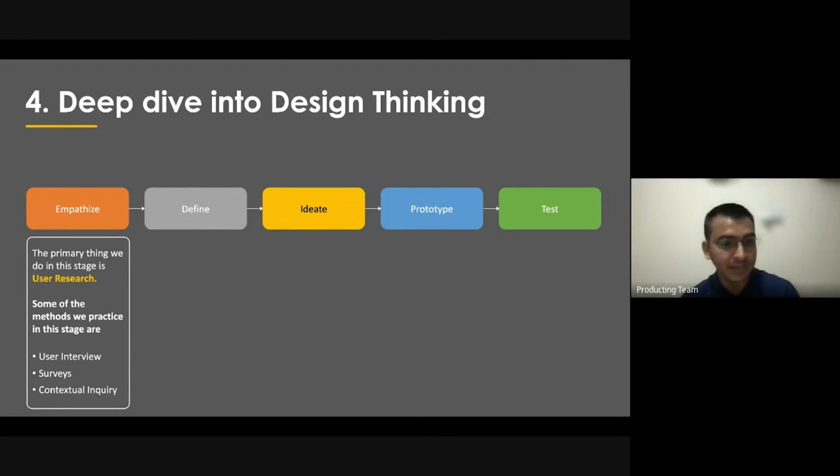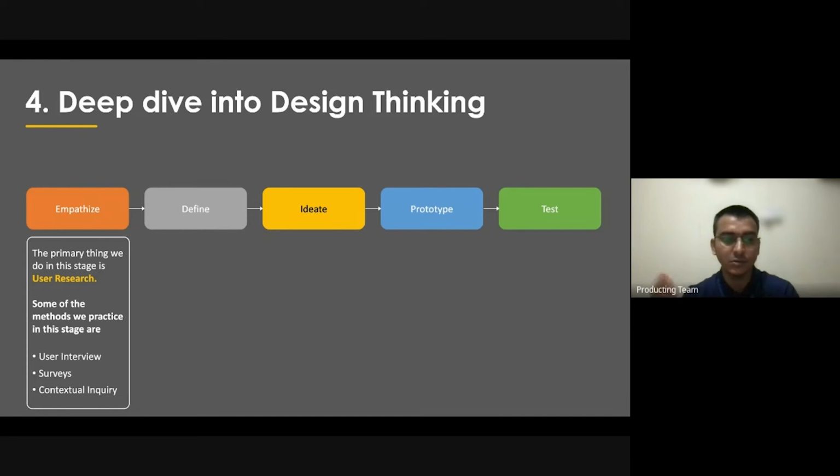Some of the methods we practice in this stage are user interviews, surveys, and contextual inquiry. These are the three or four methods. There are more, but these are the most used methods under the empathy stage. So we have a problem statement. We either do a user interview to empathize with the user, or we do a survey to understand what kind of problem it is, to go divergent and understand different perspectives of the problem statement.